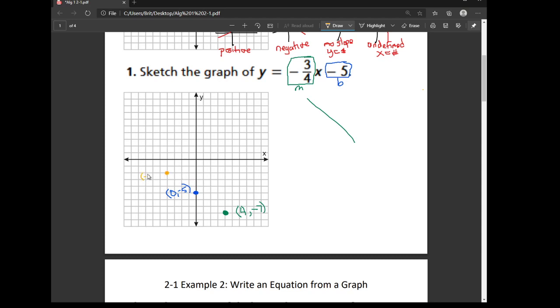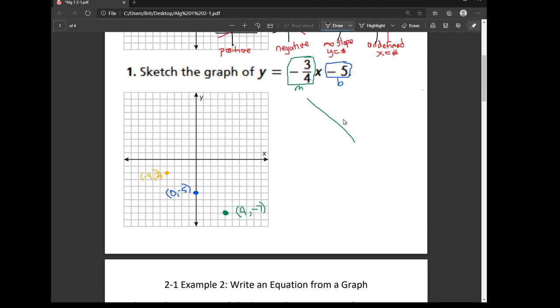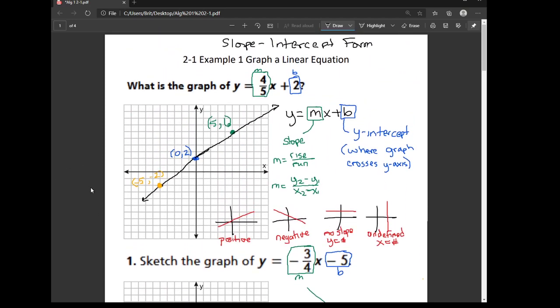That gives me the point negative 4, negative 2. And so that gives me more points, so it's easier to draw a straight line. And there we have it. So that is how to graph a line from slope-intercept form. Until next time.